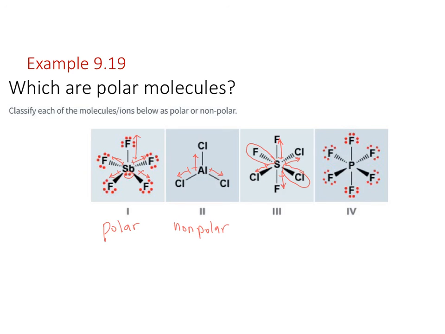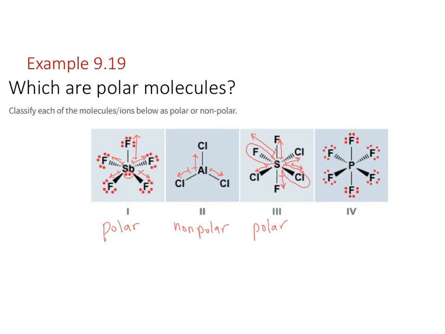Fluorine is more electronegative, so the magnitude of that vector would be larger than the magnitude of this vector, and they will not cancel out. Because of that, this would be a polar molecule, because fluorine is more electronegative than chlorine, so we'll be pulling electron density a little bit more to the left side of the molecule from the right side. Those vectors do not cancel out. Overall, the molecule will be polar.